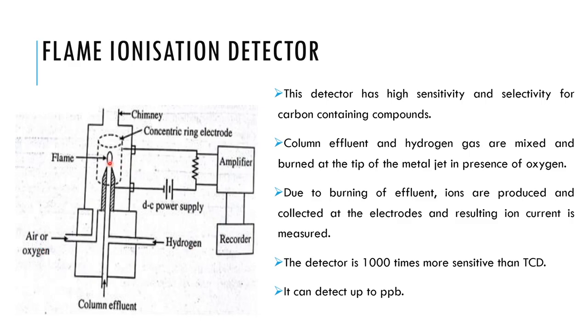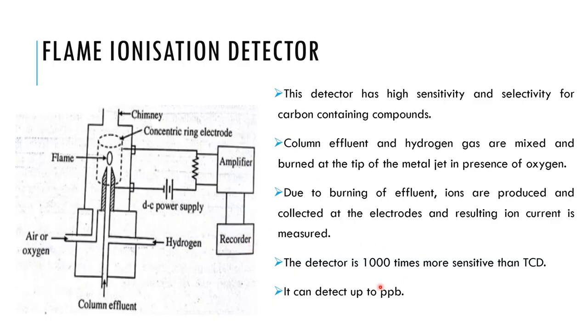We ignite to create a flame before the GC injection is made. Here you can see we have a ring electrode and we generate a flame, and whatever sample comes, any organic sample, is burnt and converted into ions. These ions are sent to the amplifier, and from there the signal is detected as a peak.